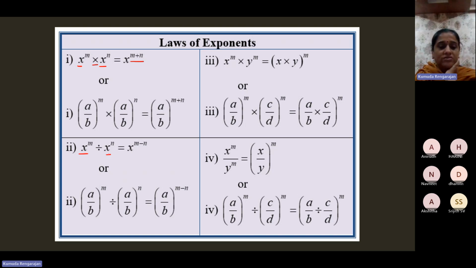When bases are the same and it's division, we subtract the powers. When bases are different but the powers are the same, we multiply the bases and raise it to the same power.